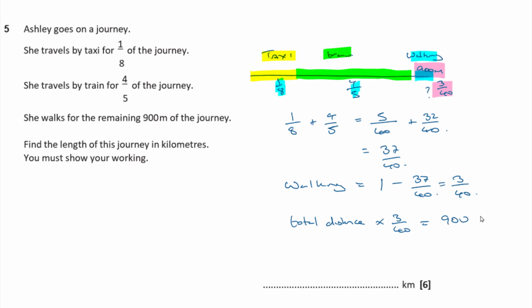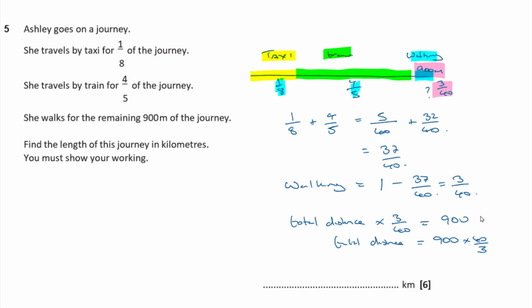Taking that fraction, flipping it over and multiplying the other side, or another way to think about it is multiplying both sides by 40 divided by 3, I should get that the total distance is the 900 meters of the walking part times 40 over 3. I'm basically dividing through by that same fraction, which is flipping over and multiplying, aren't I?